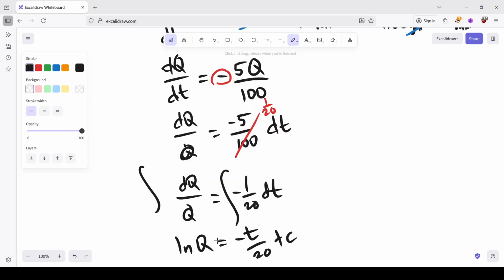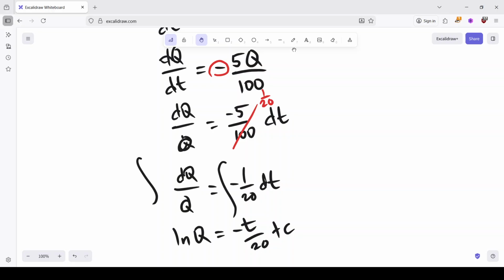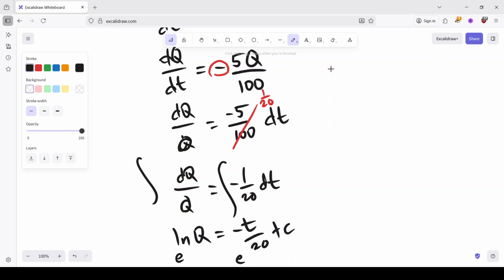Using this as the exponent of e to eliminate the ln, we will have Q is equal to C1 e raised to negative t over 20. This will be our working solution.